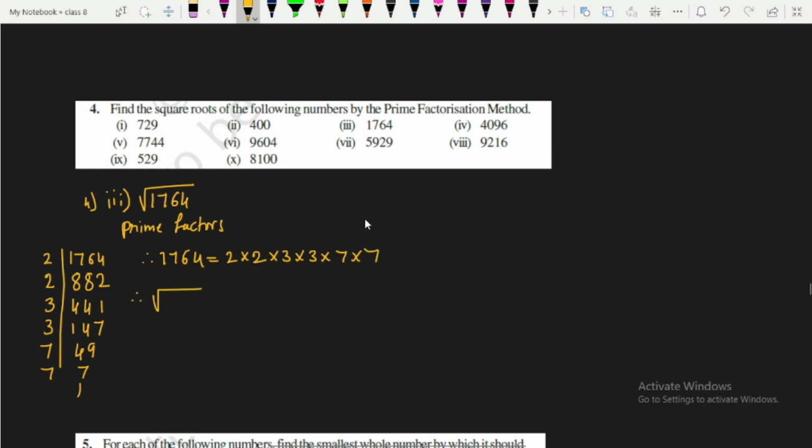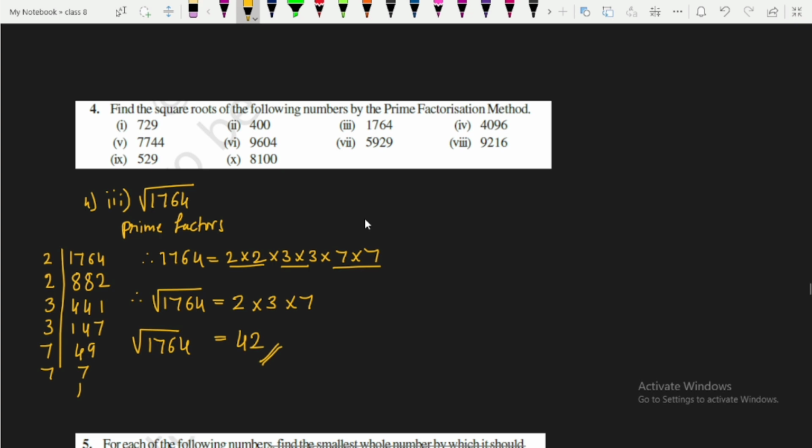To find the square root of 1764, from each pair we write one number: that is 2, 3, and 7. Therefore the square root of 1764 is 2 threes are 6, 6 into 7, that is 42. In this way you can simplify the answer.